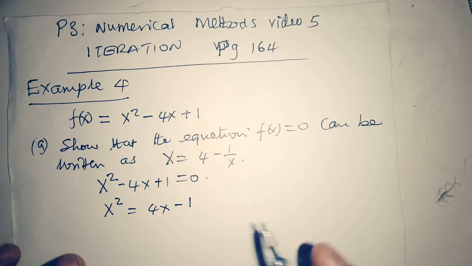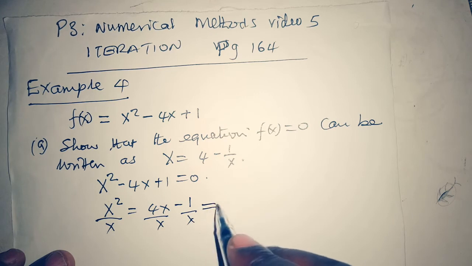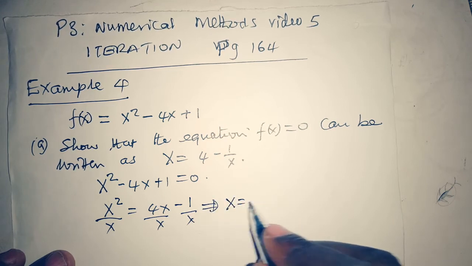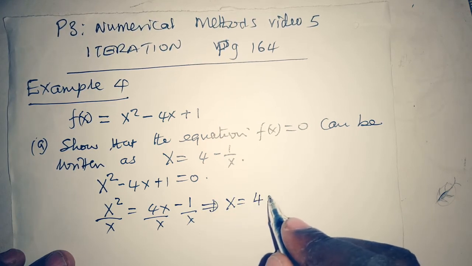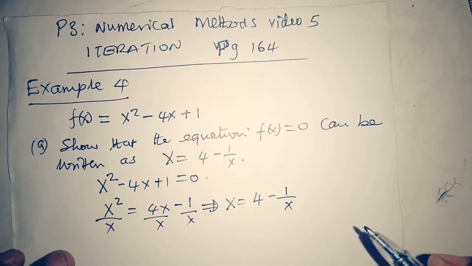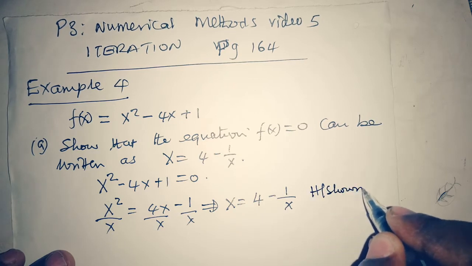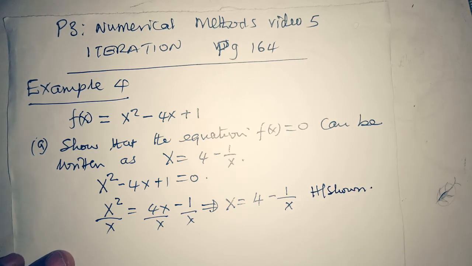If we divide everything by x, we find that x is equal to 4 minus 1 over x. And this is what we were supposed to show. Hence, shown. That is what we've been able to prove.